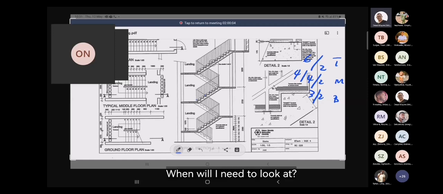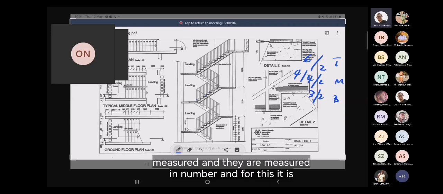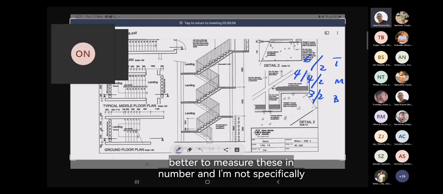Then I need to look at my base plates. My 100 millimeter long base plates, which is 30 by 2 millimeter flat base plates, 100 millimeter long, twice holed for bolts. And the bolts will be elsewhere measured, and they are measured in number. And for these, it is better to measure these in number.